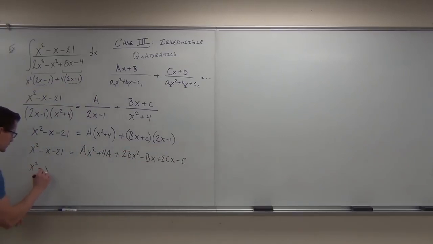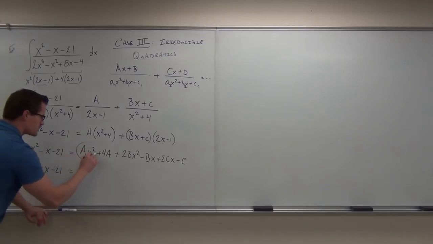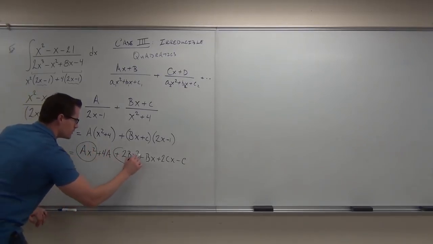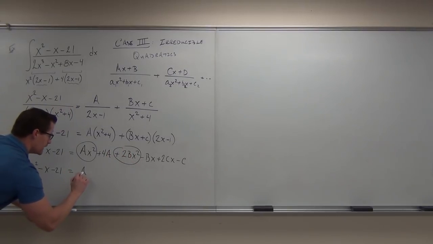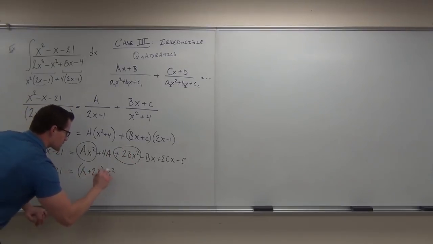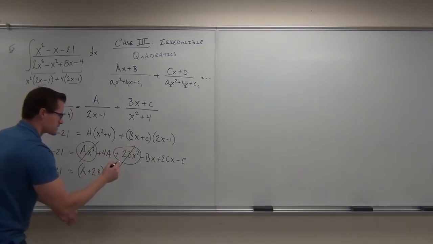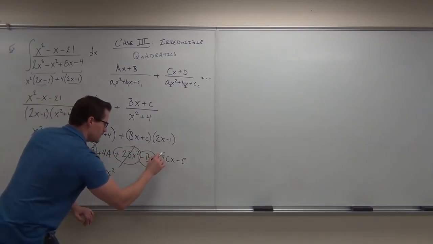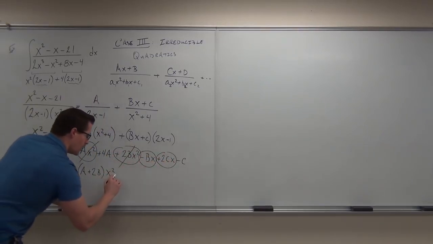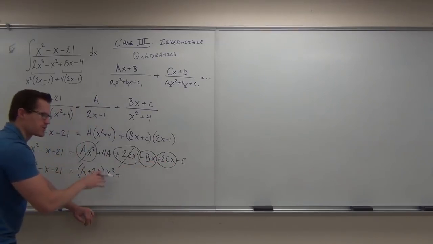Collect your terms. I see a couple x squareds. So I'm going to have a plus 2b, x squared. Collect some x's. Again, how I do this, I always put a plus, makes it easier for our signs.